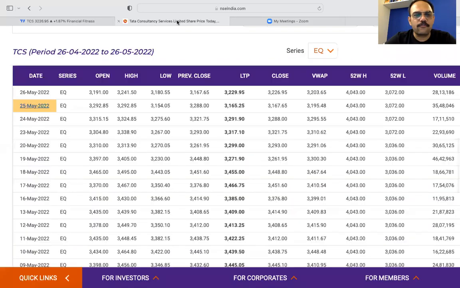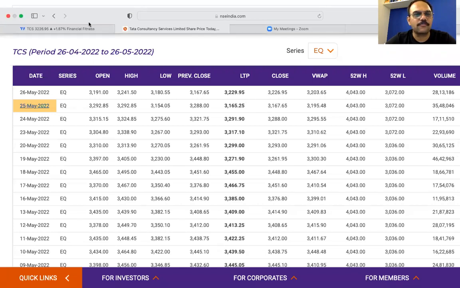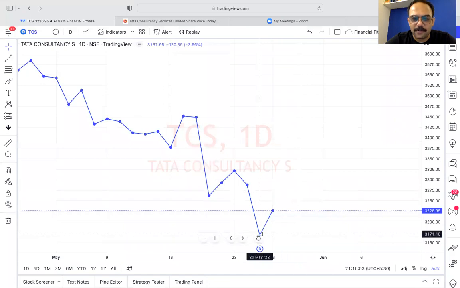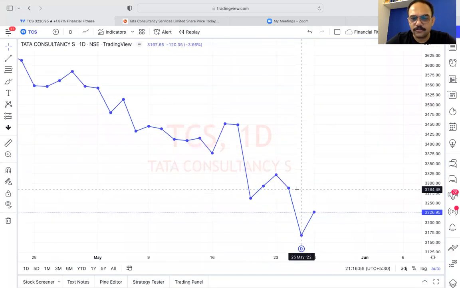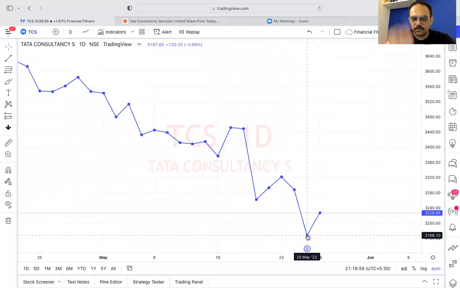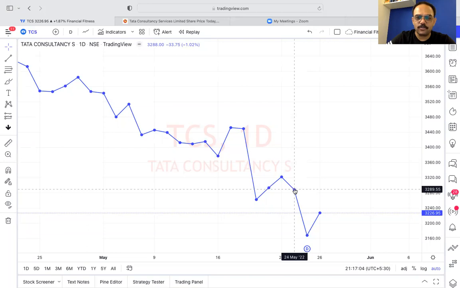Now let's take 25th of May. The close price is 3167.65. So if I take my mouse here, it is 25th of May, 3167.65. Similarly, if I take my mouse here for 24th May, there was some closing price.